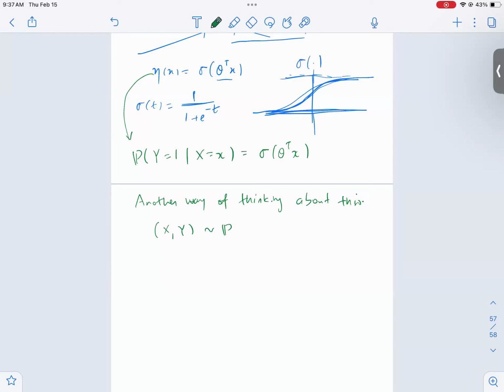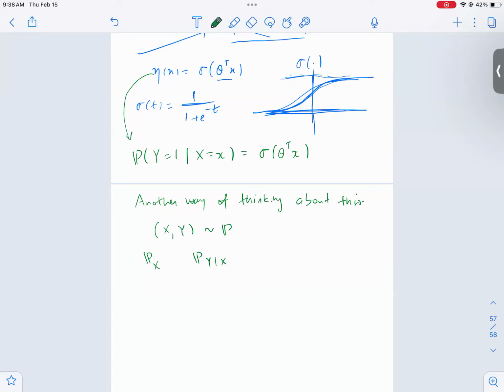We want to figure out this unknown distribution, or as we have seen, the conditional distribution of y given x. This distribution can be described as the marginal of x, and then the conditional distribution of y given x. These two pieces of information characterize P.